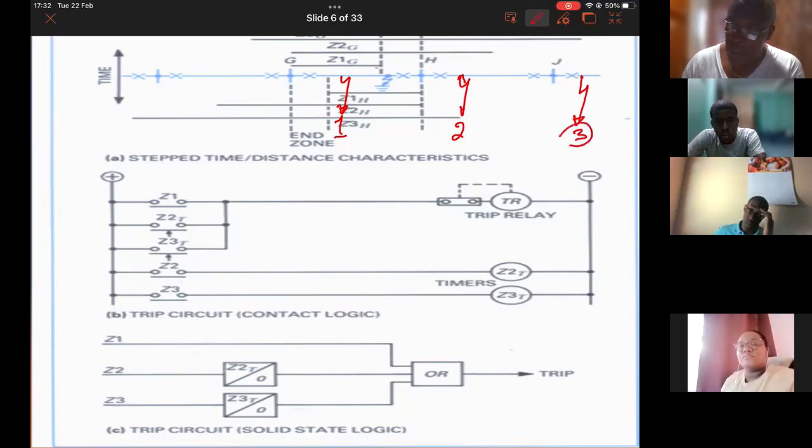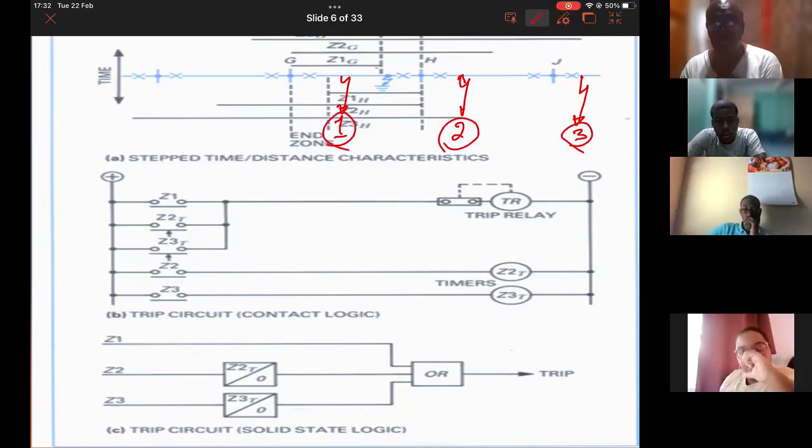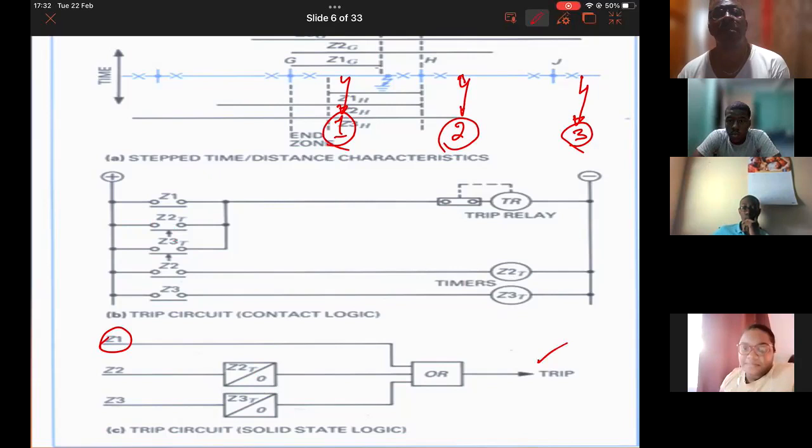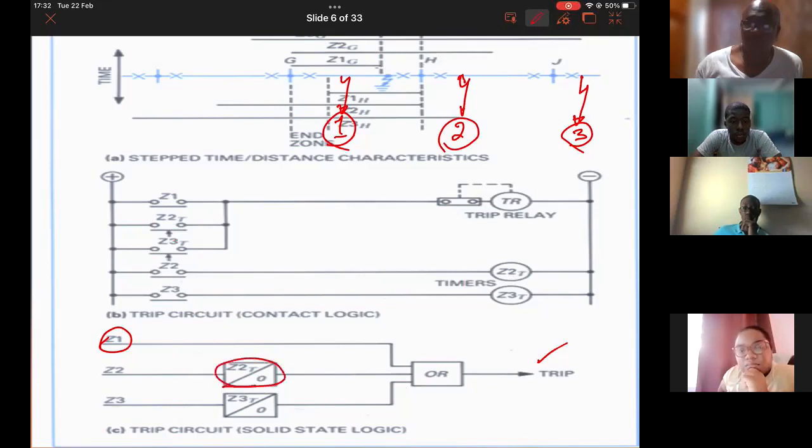And I'm going to be looking at end G. For fault number 1 at end G, I would get an instantaneous trip. If the fault is at point 2, if the protection between H and J does not operate, then I would get operation at end G only after Z2 time has passed. And that is how the backup comes in.